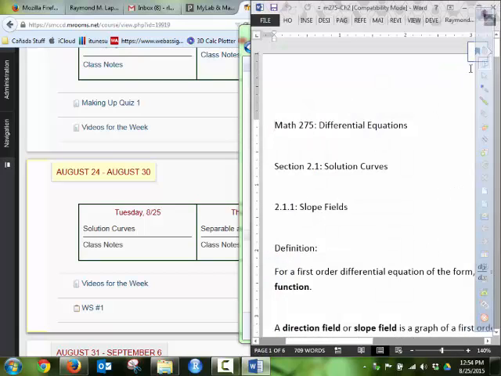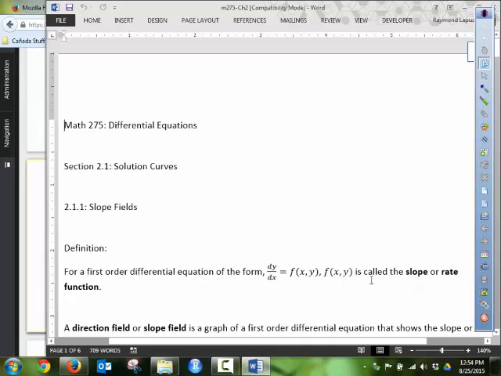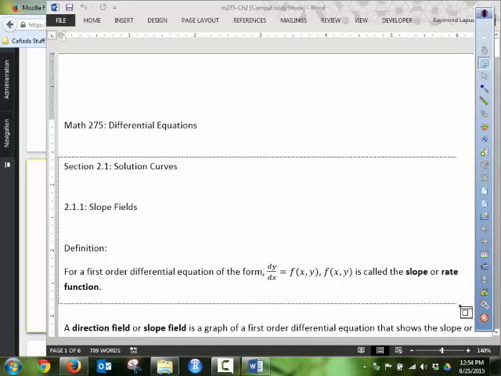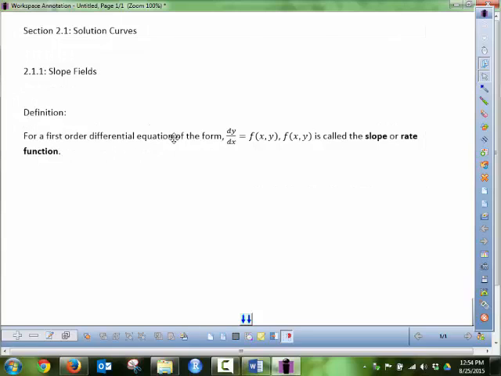And so for that, we're going to take a look at what's called slope fields. And the slope field by definition is a graph of slopes.